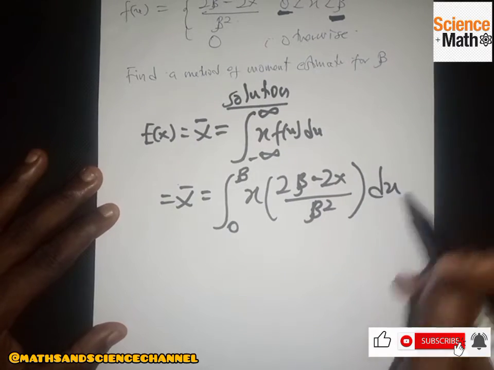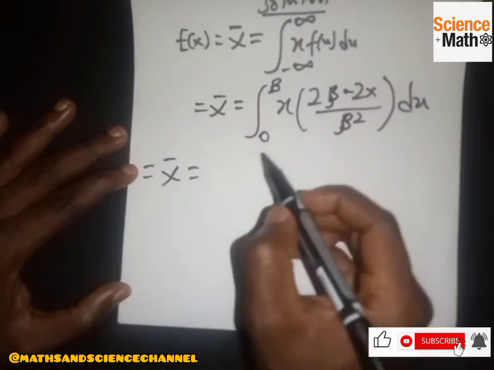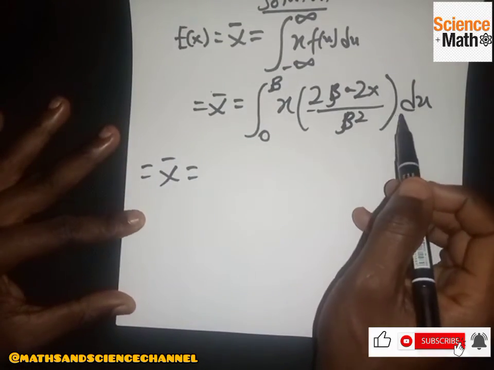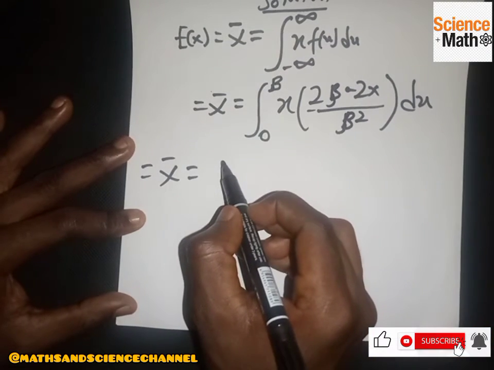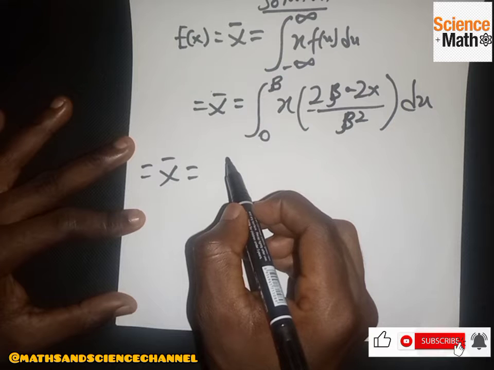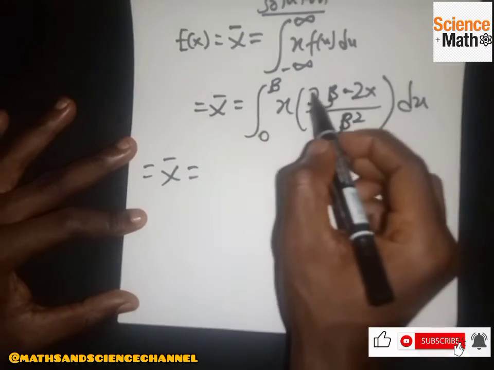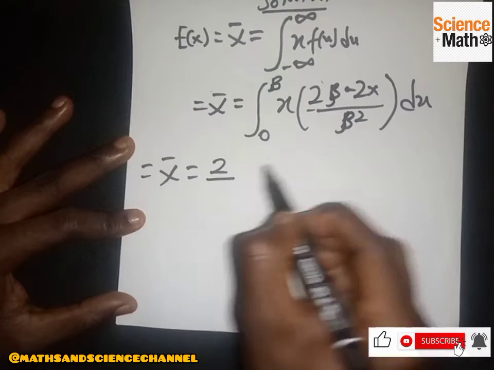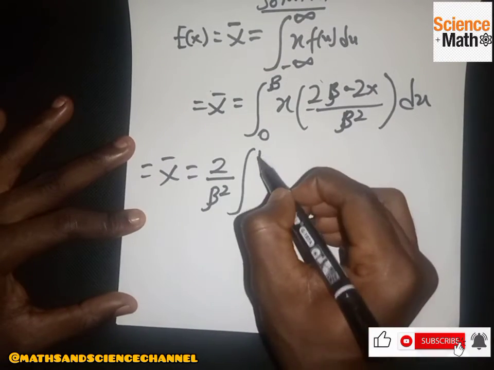So we have the x here, and the mean is equal to, whatever is not related to x we just take out. Basically what we can do is bring 2 outside and divide by β², with the integral from 0 to β.